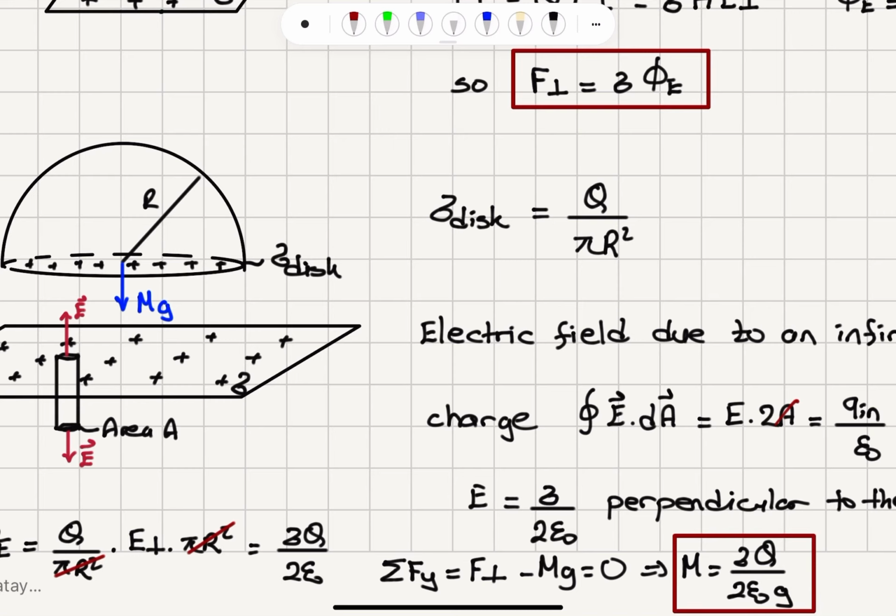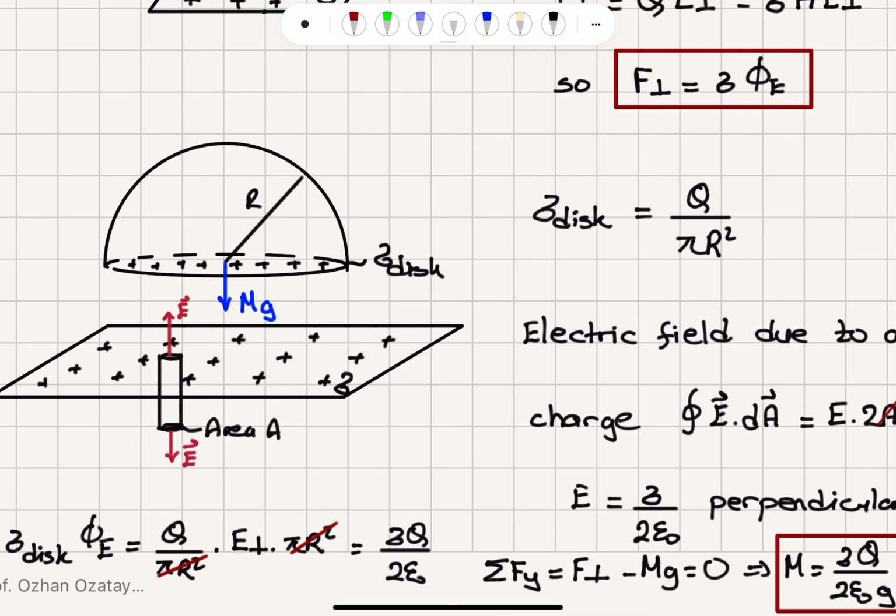So this sigma is which sigma? The sigma of the infinite flat sheet, the areal charge density for the uniform distribution of the flat sheet.